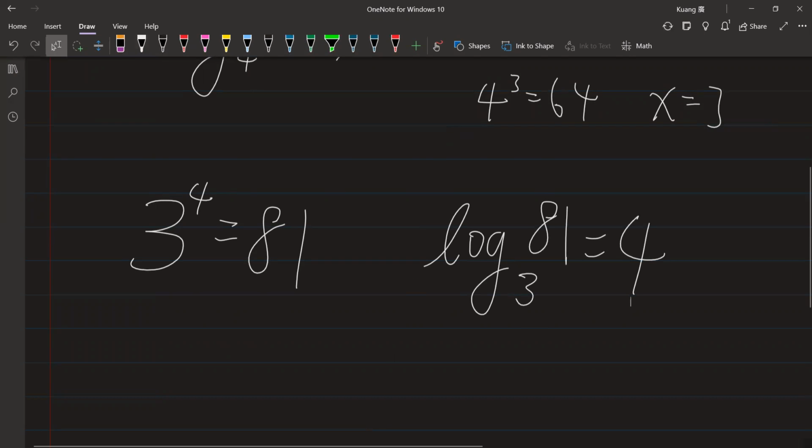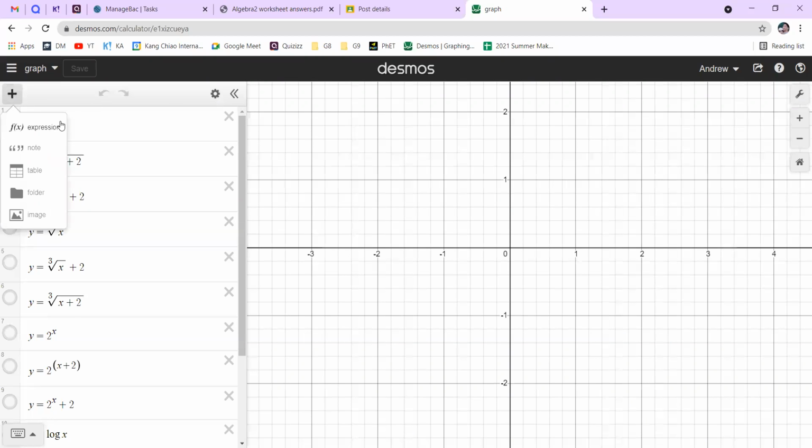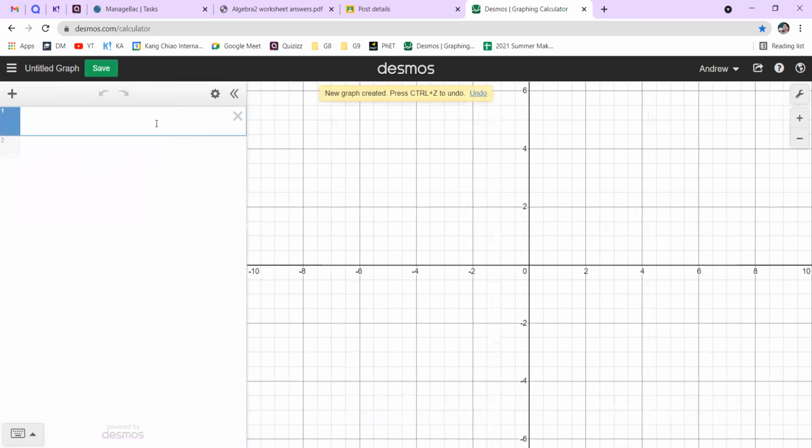Okay, how about the functions? Let me draw a function. Okay, maybe a new one. So y equals log x.